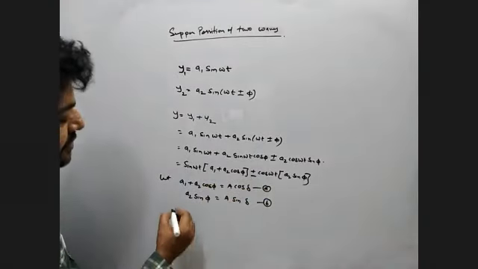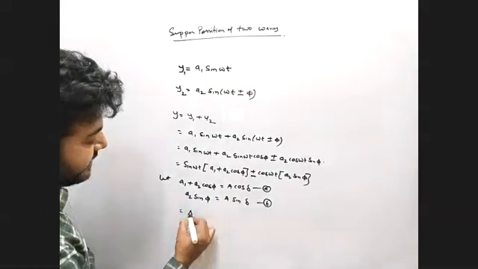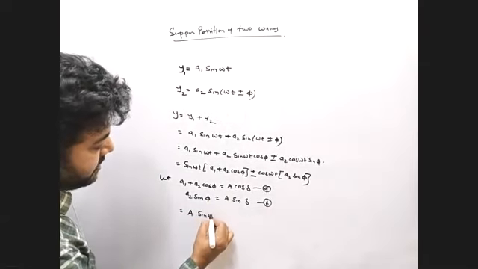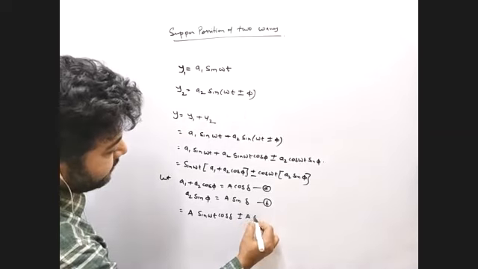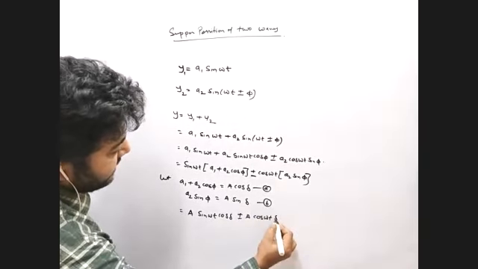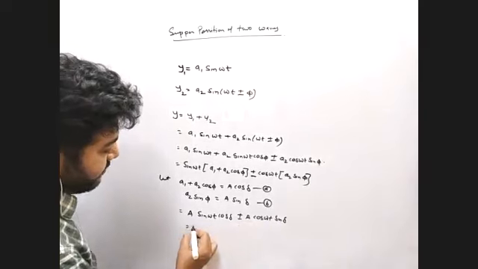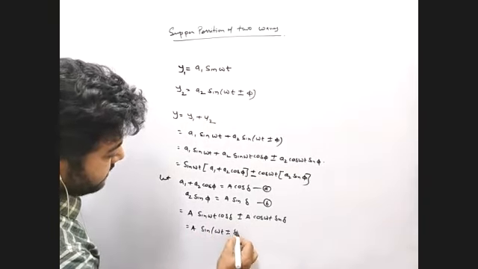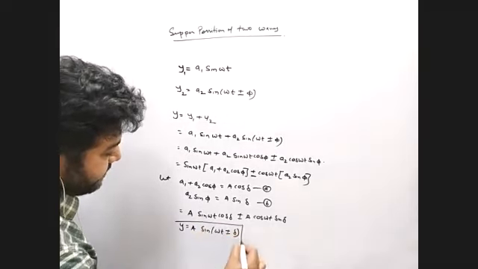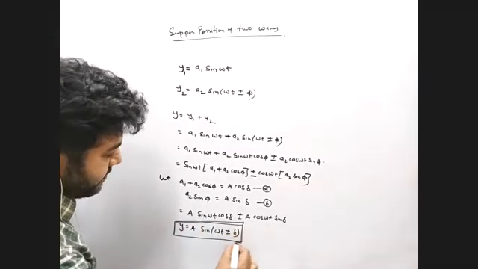If we put these two equations, we can take A common: sine omega t cos del plus or minus A cos omega t sine del. So what happened? A sine omega t plus or minus del, that is your Y. Clear, everyone?